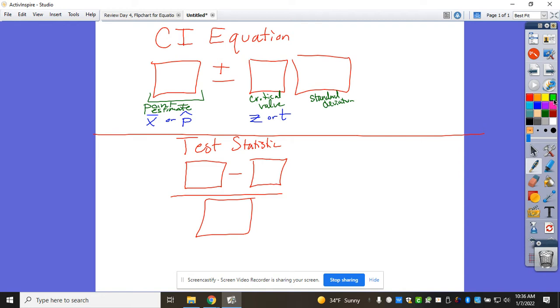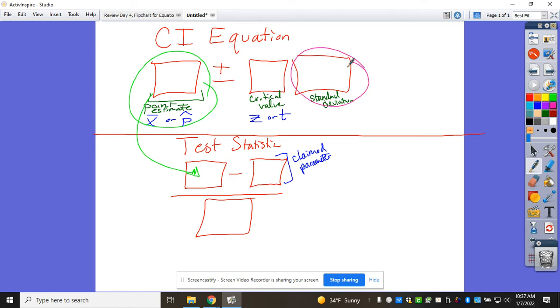The point estimate, which is our x bar or p hat. What goes here? That one's a little bit funnier to answer. It's like a parameter, but it's our claimed parameter. And what goes down here? Whatever is here goes there. So we understand that's always the format of these regardless.